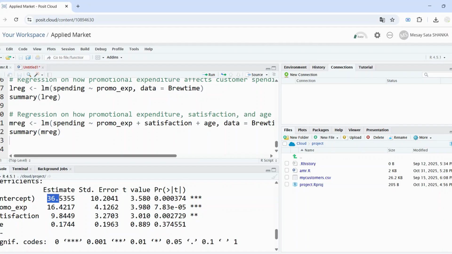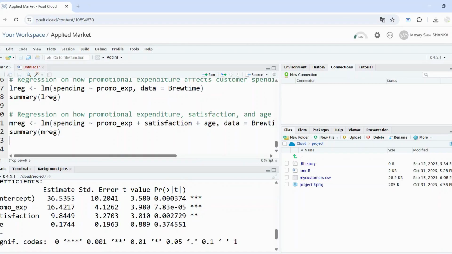Another value is the intercept. The promotion exposure coefficient is 16.42, which means that holding other independent variables constant, customers who are exposed to promotion spend about 16.4 more than those who are not.